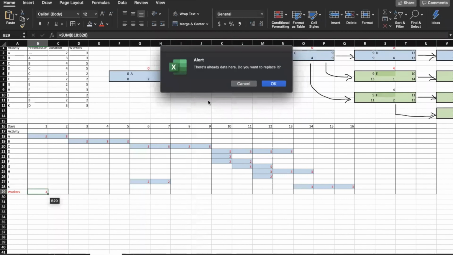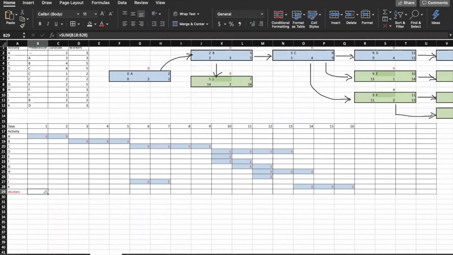So as you can see, for day 1 I only need 3 workers, but let's see what we need for the other days. So as we can see, on day 12 we have 15 workers.